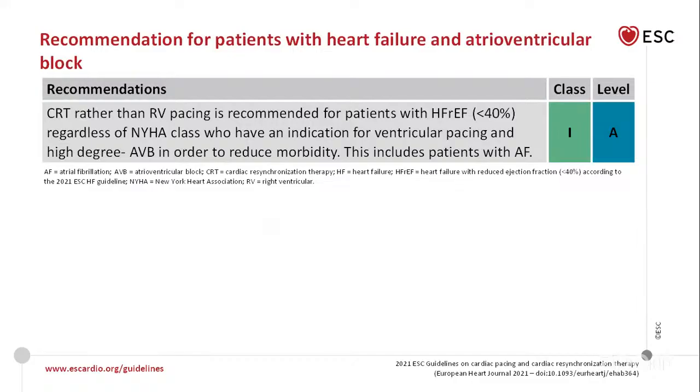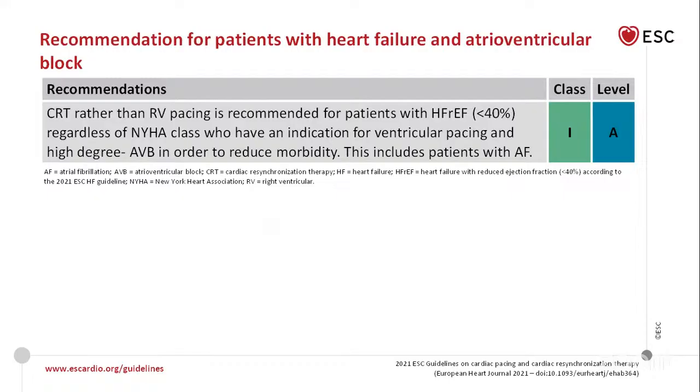Then I just want to add this: for patients with significant AV block and heart failure, what they should have is what we call a CRT, that is cardiac resynchronization therapy, and not a pacemaker. The difference is that in cardiac resynchronization therapy, both ventricles have wires inside them, but for a pacemaker, the wires are inside the right ventricle alone, or inside the right atrium and the right ventricle.